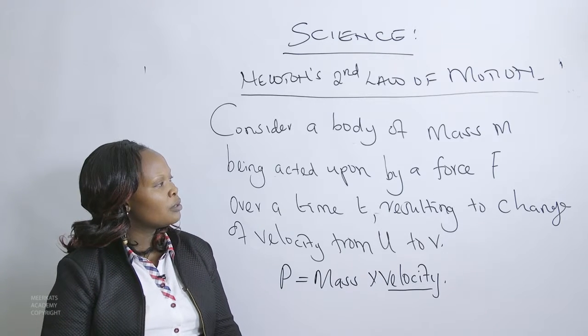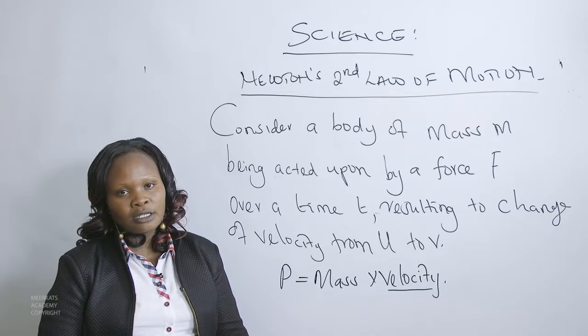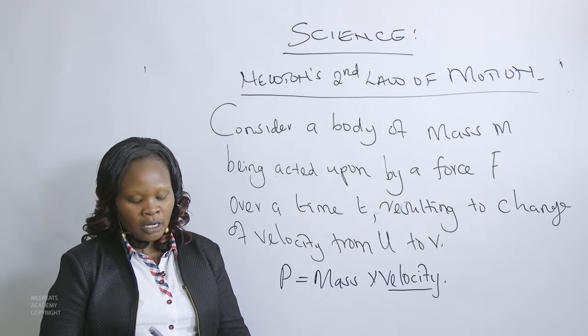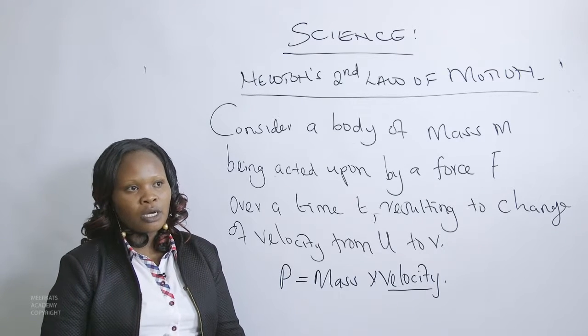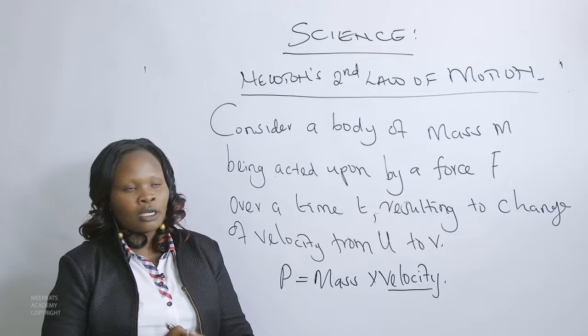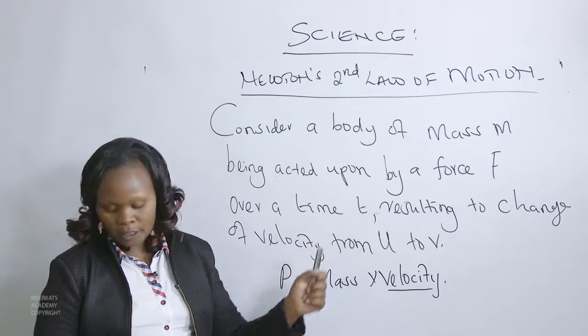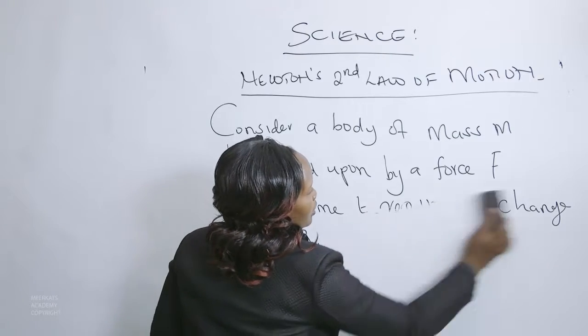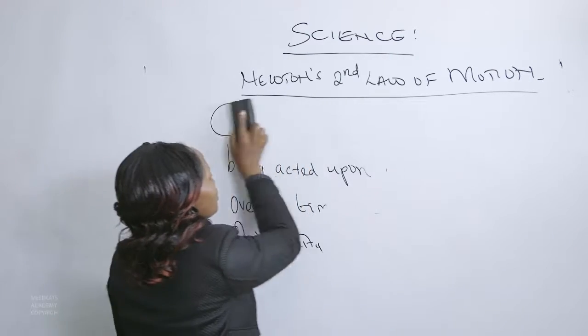Now, here is an external force that seeks to offset the balance that we have been having and has been left to act on this body over a time t. Let us see what happens to the momentum.